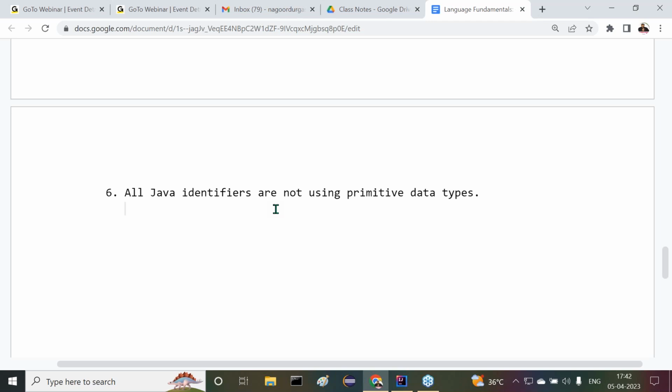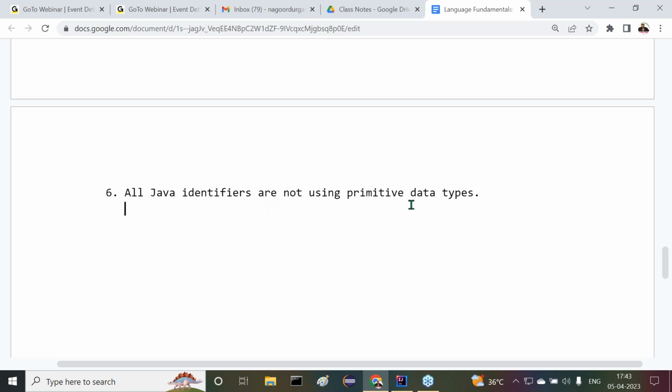You already know what the various primitive data types are in programming languages in general. Any idea what the primitive data types are? You are already aware of it, right? Then what are the various primitive data types inside Java? We can understand byte, short, int, long, float, double, boolean, char. Eight primitive data types are available.